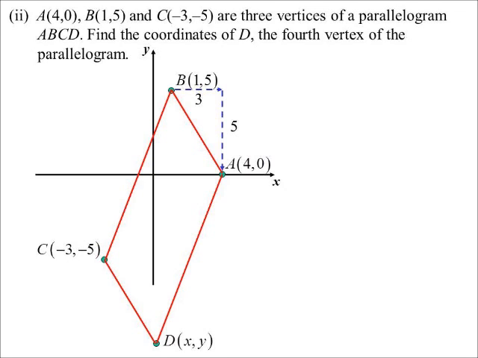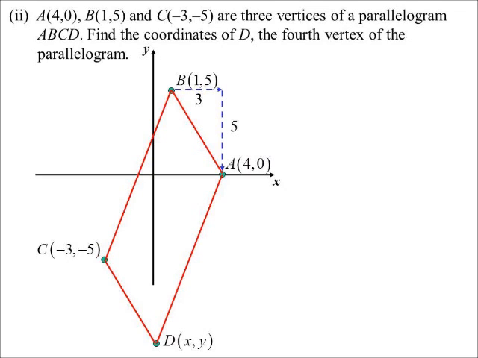I mean, there's different ways you could do it. The long way of doing it would be to work out the equation of CD, work out the equation of AD, solve them simultaneously. That's the long way of doing it. If we take advantage of what we know about a parallelogram, that the opposite sides are parallel, therefore the slope of AB must be the same as the slope of CD.